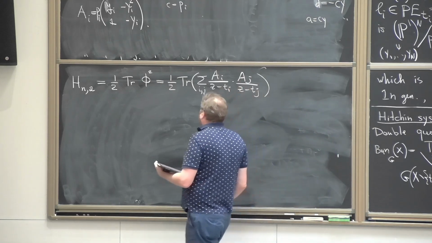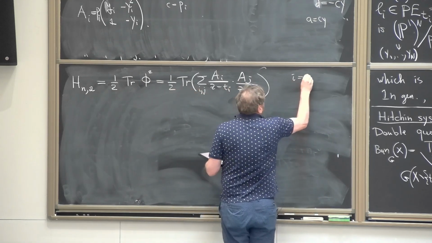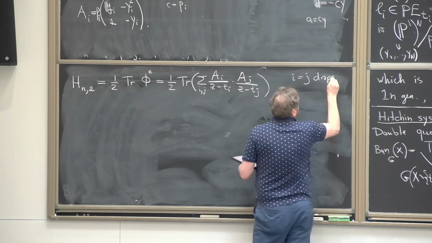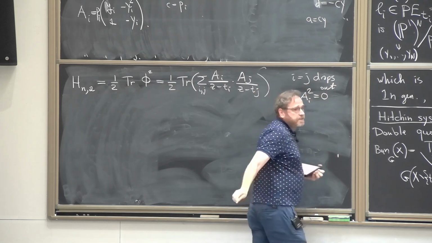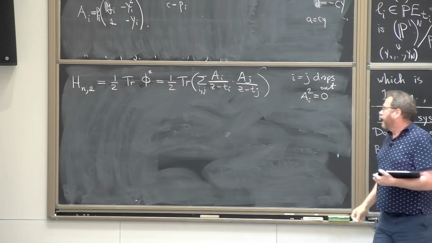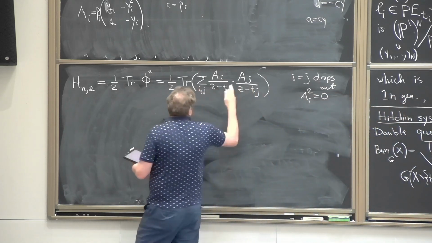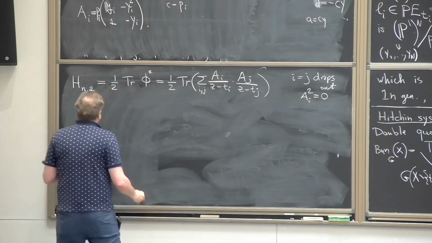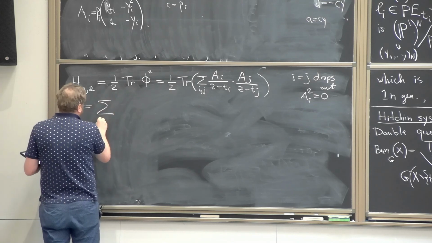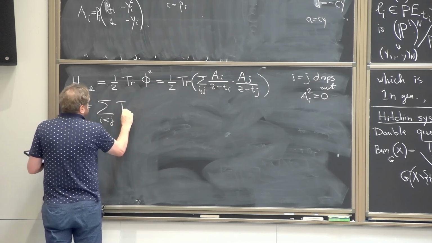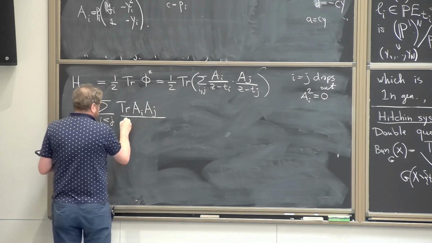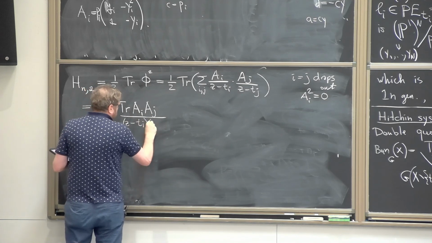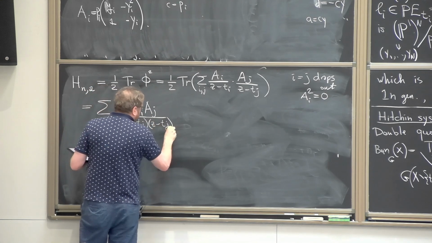But now i equals j drops out because a_i is nilpotent, so a_i squared is 0. And of course, the terms with ij and ji are the same. So we're going to get the sum over i less than j of the trace of a_i a_j divided by z minus t_i times z minus t_j.